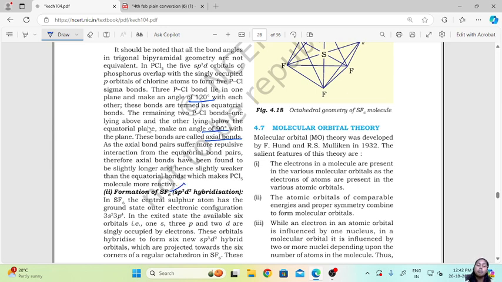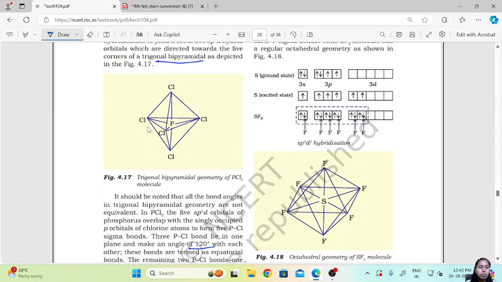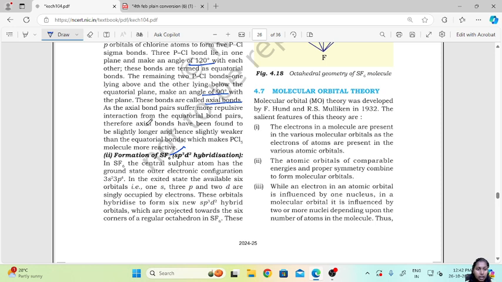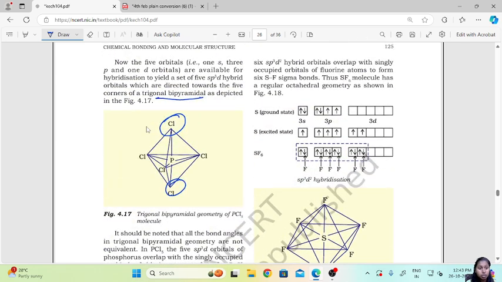Now why is the PCl5 molecule more reactive? The axial bond pairs face more repulsion than the equatorial bond pairs.